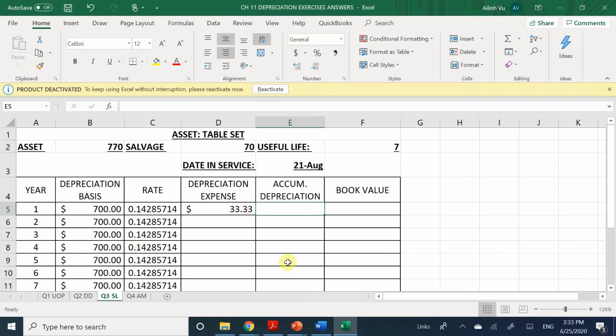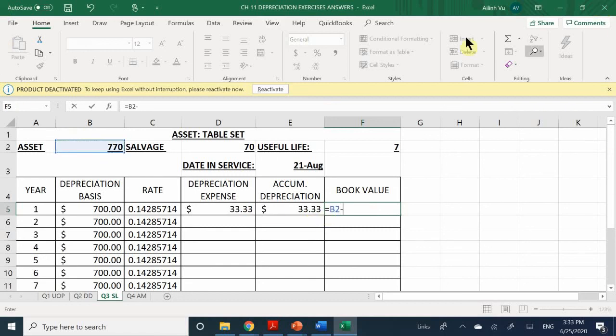Okay, and my accumulated is going to be the same. And my book value is going to be 736.67. Yes. So I'm going to make sure I absolute, oh crap, I got rid of it.